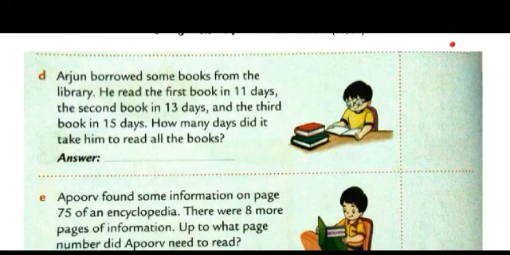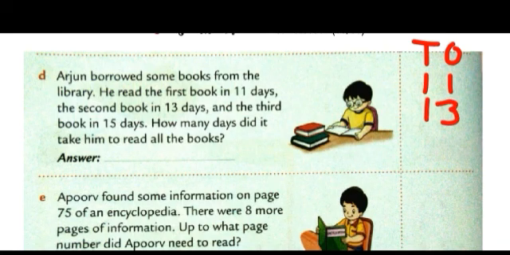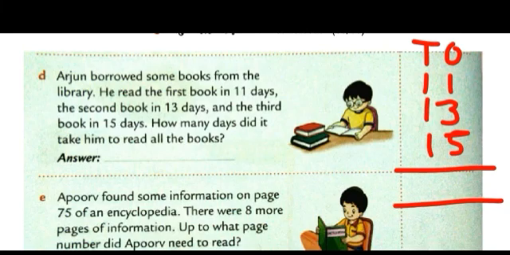So first we need to arrange the numbers. This will be the ones column and this will be the tens column. First book he read in 11 days. Second one in 13 days. Third one in 15 days. Now let's add them and we'll find out how many days it took him to read all the 3 books.